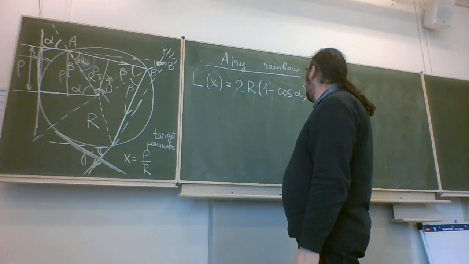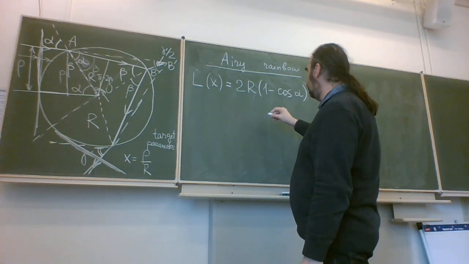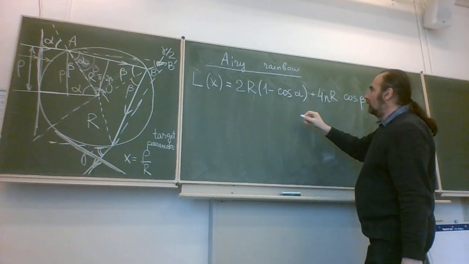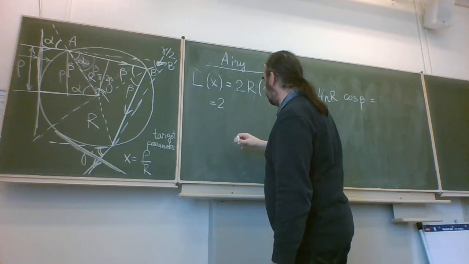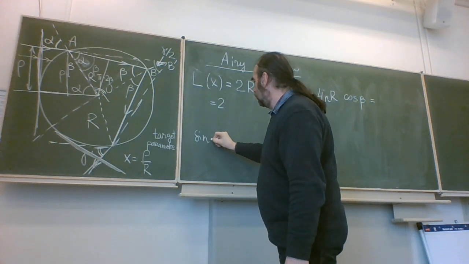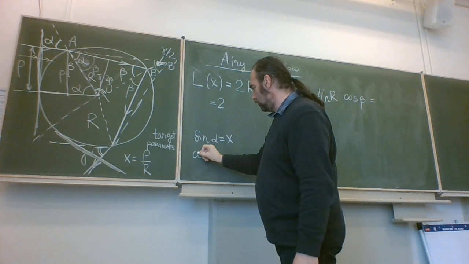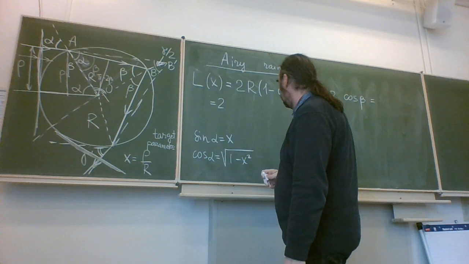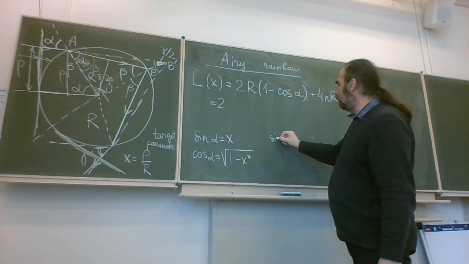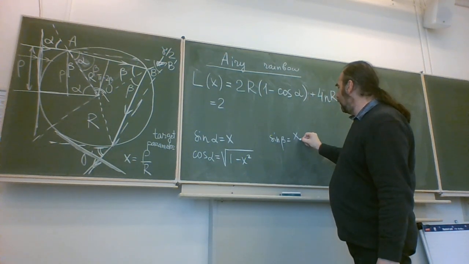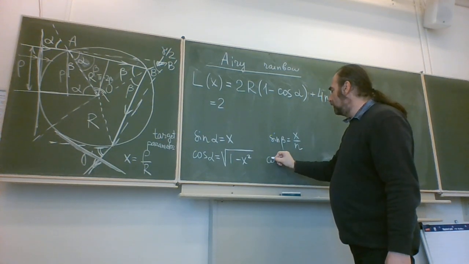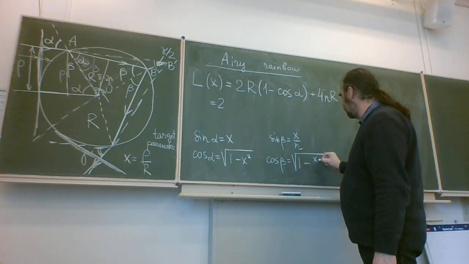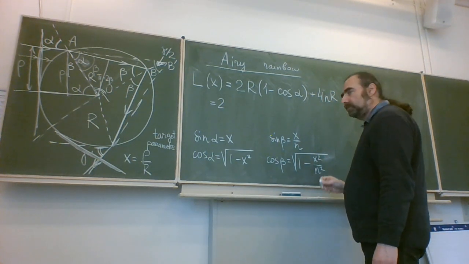Great. Now we can rewrite it in terms of x. We know that sine alpha is x, which means cosine alpha is the square root of 1 minus x squared. And we know that sine beta is x over n, so cosine beta is the square root of 1 minus x squared over n squared.